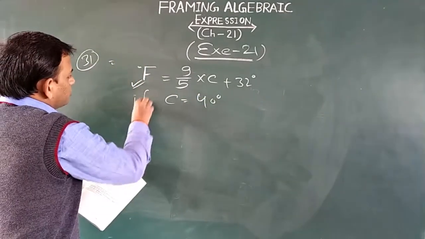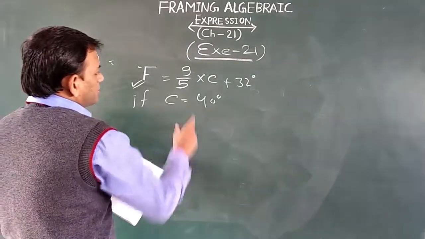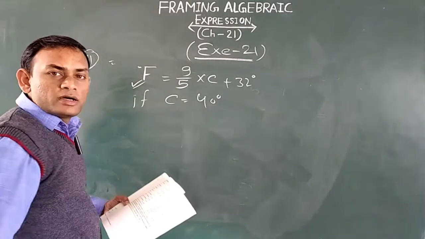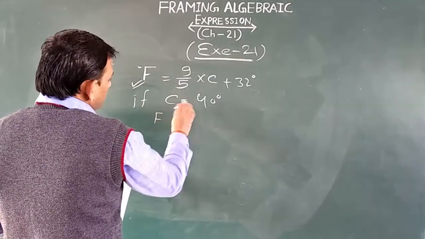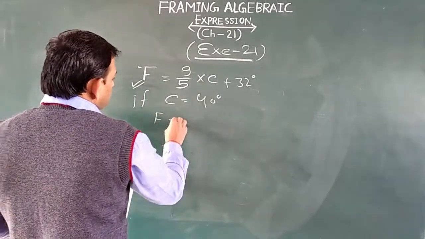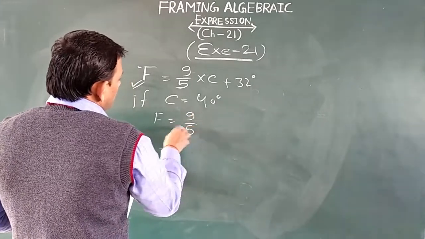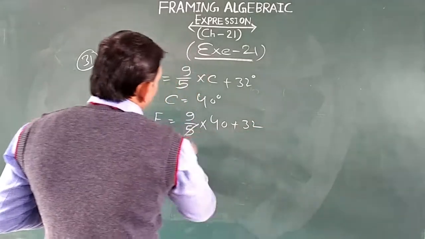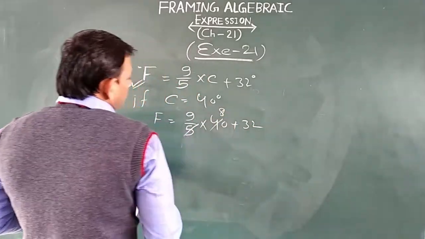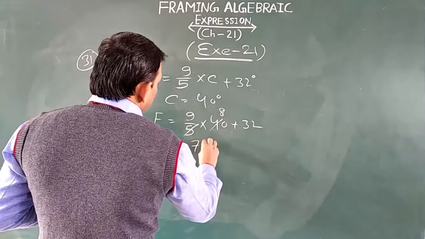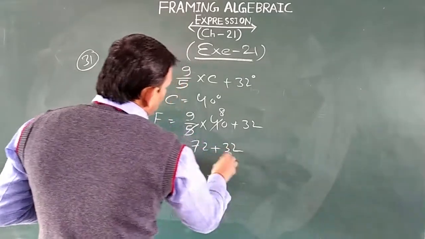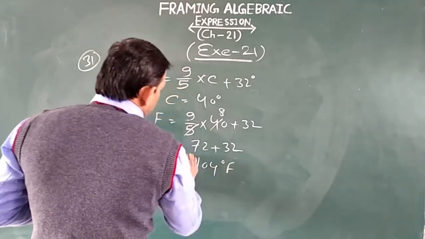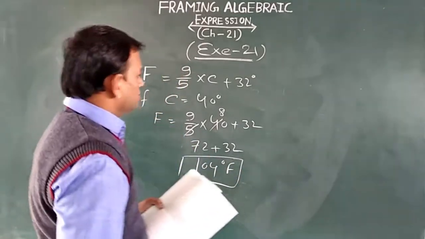Okay, C is equal to 40 degree is given, and by using this formula you have to find the value of F. So we will put the value of C in this expression. So F is equal to 9/5 multiplied by 40 plus 32. 5 8s are 40 and 9 8s are 72, plus 32, and when you add you will get 104 degree Fahrenheit. This is the answer of this question.